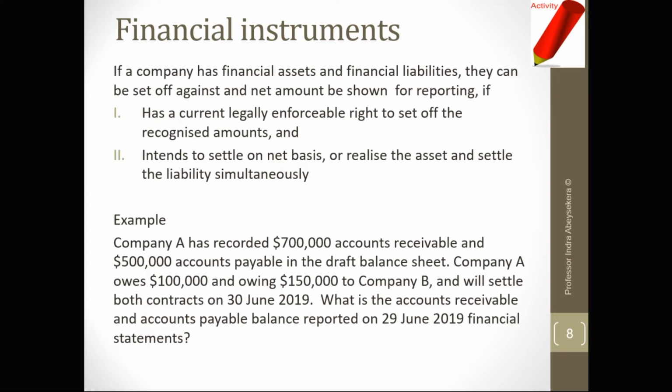So in fact, our accounts receivable will be 600,000 and accounts payable would be 400,000, and the 50,000 net amount is included in the accounts payable.